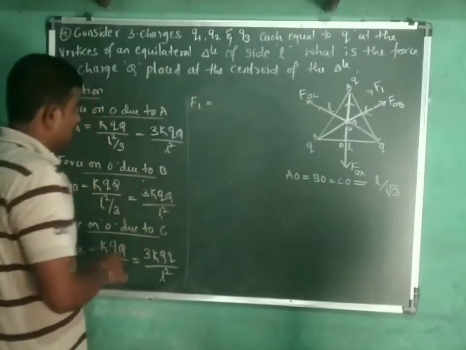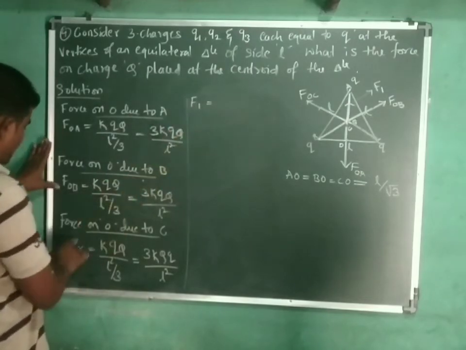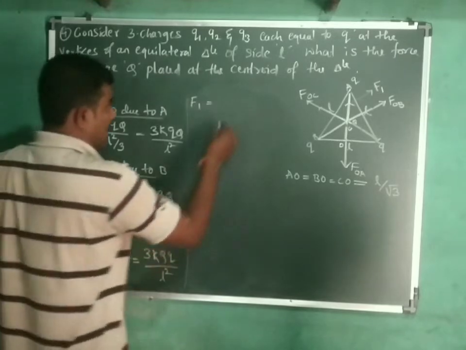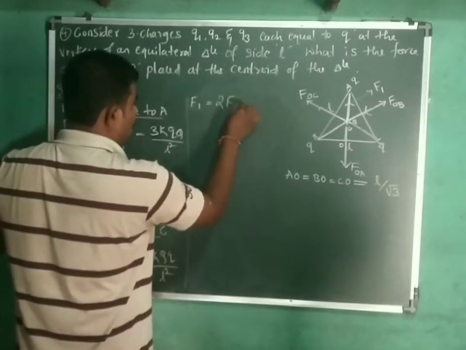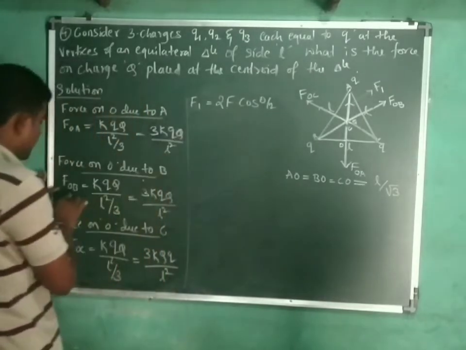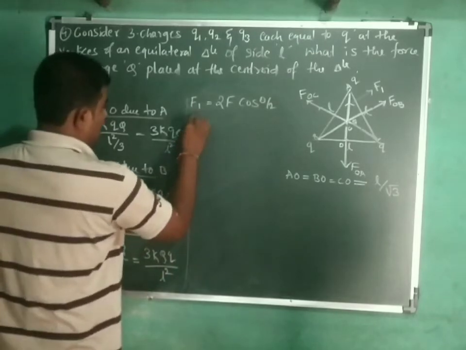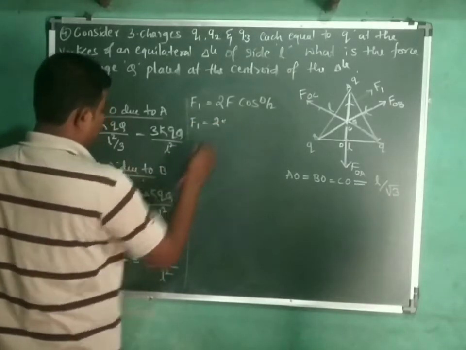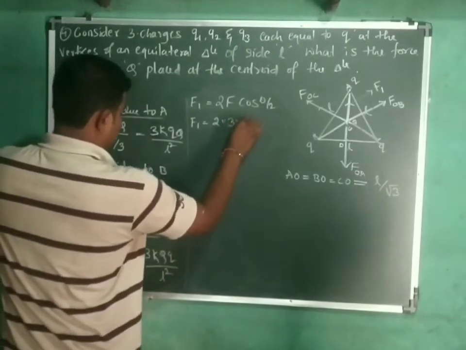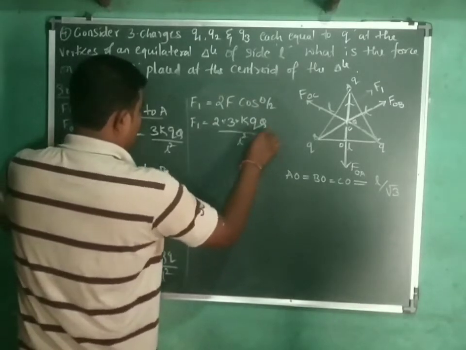But you can observe here FOC and FOB have the same magnitude. If they have the same magnitude, I can directly write it as 2F cos theta by 2. If this F is either FOB or FOC, no problem, because they have the same magnitude. Therefore F1 is equal to 2, I can choose any one among these two, 3KQQ divided by L square, and cos theta by 2.